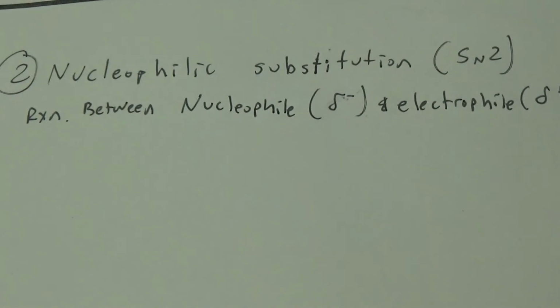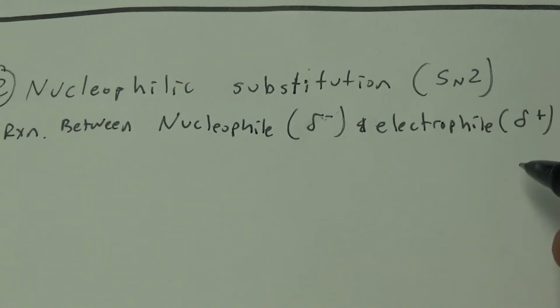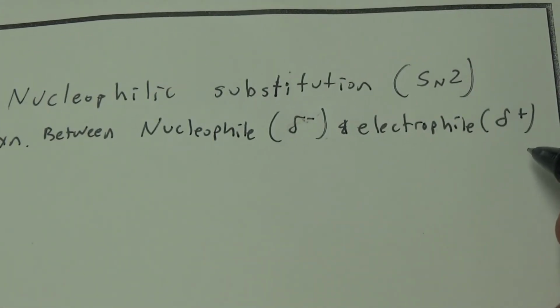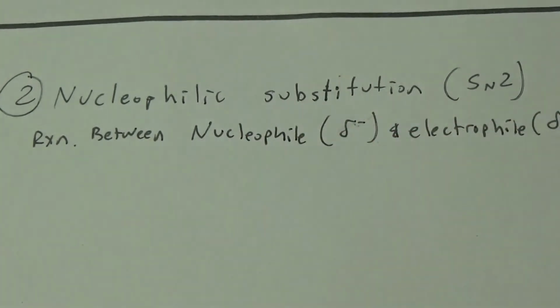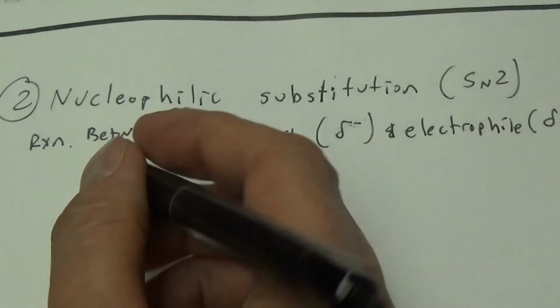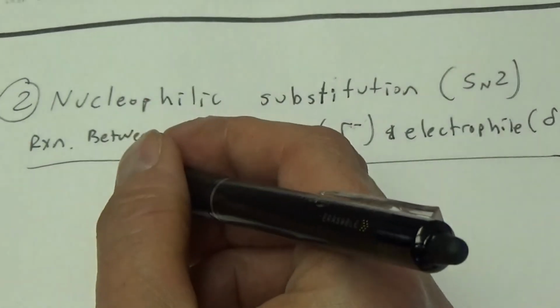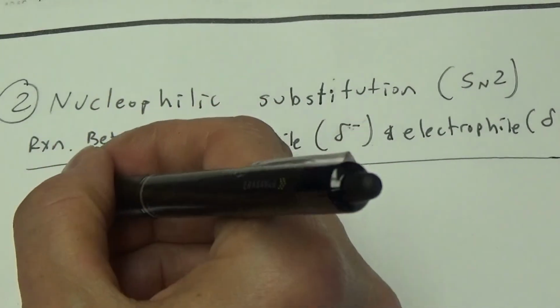We just saw some delta positive things just a second ago, right? It might be the carbon that is carrying halogen, like a carbon with a bromine or a carbon with a chlorine or something. So it's going to be a reaction between a nucleophile and an electrophile.